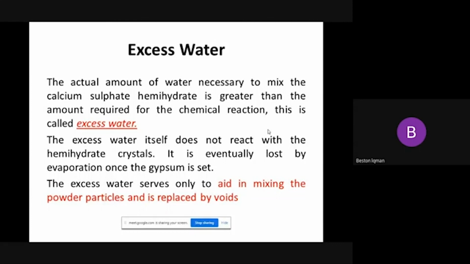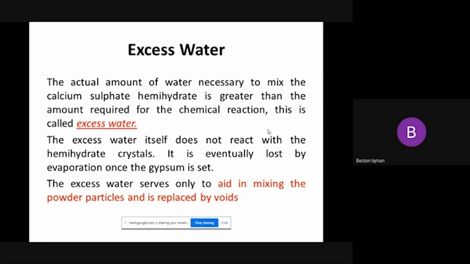During mixing it needs much more water than the reaction requires. The extra water does not affect the process; it evaporates because it is an exothermic reaction, so there is no benefit.